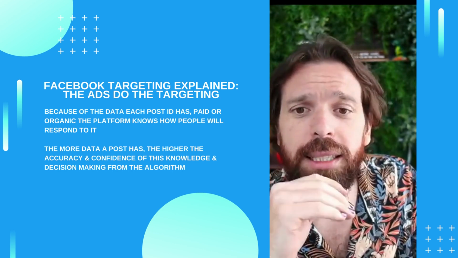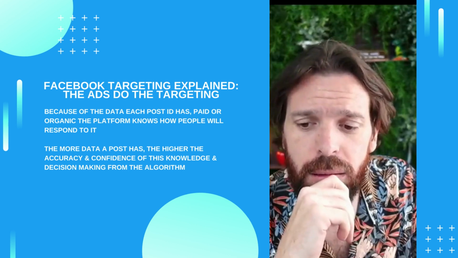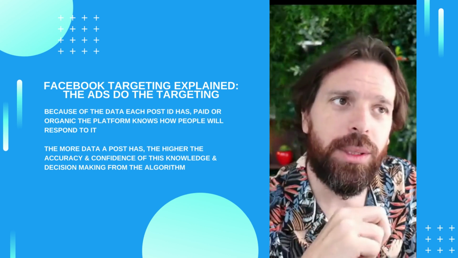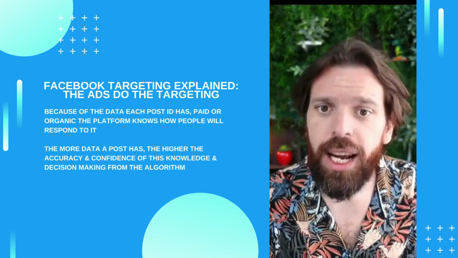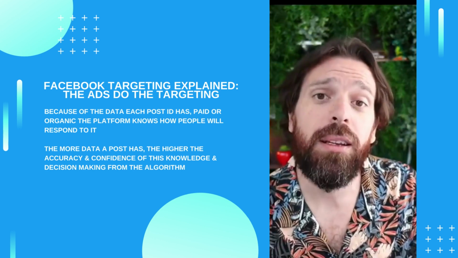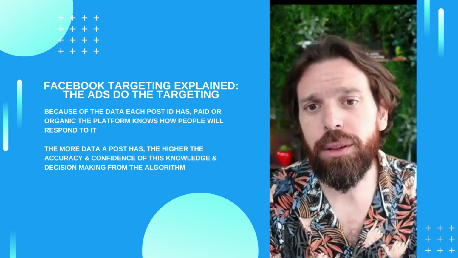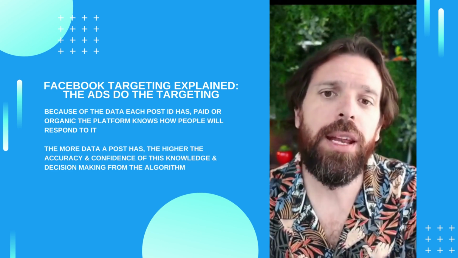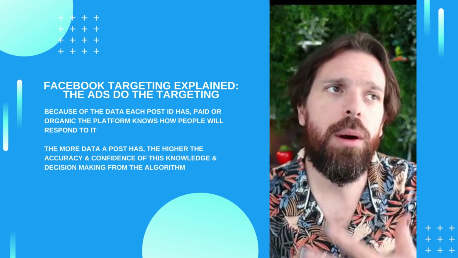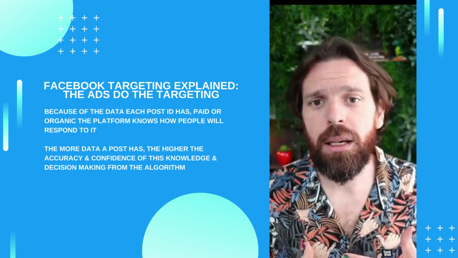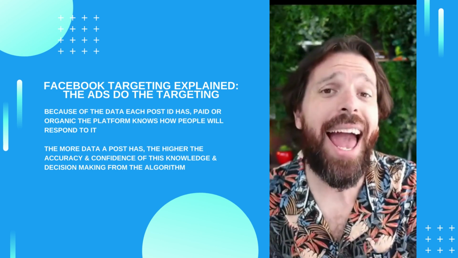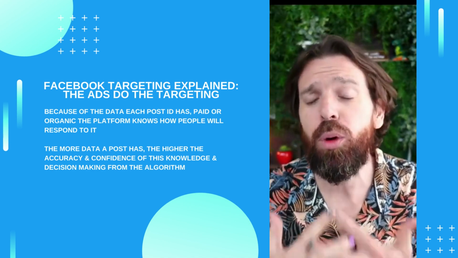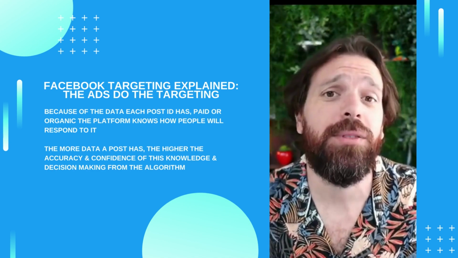The more data that post has, the higher the accuracy and confidence of this knowledge and the decision-making capability of the algorithm. The point here is, the more information the machine has, the better it's going to be at showing that content to people who want to respond to it positively.